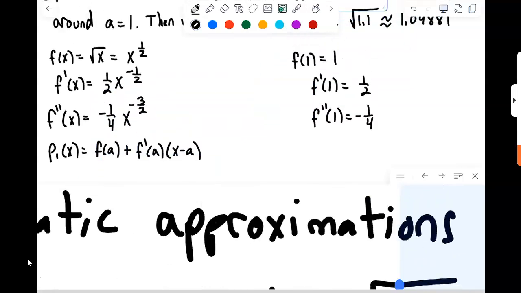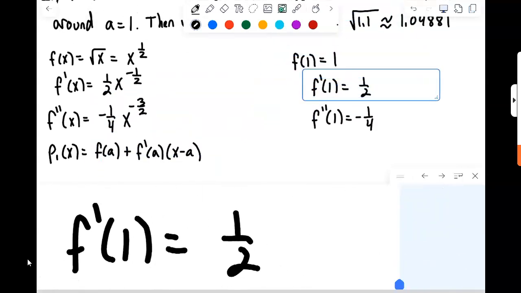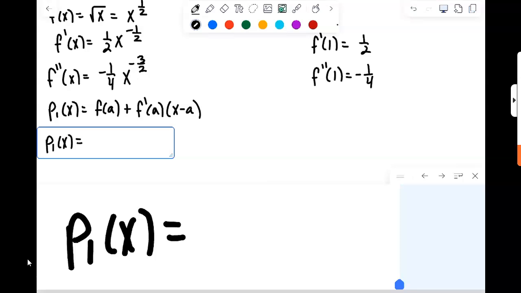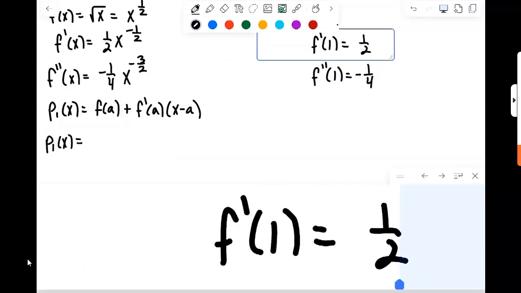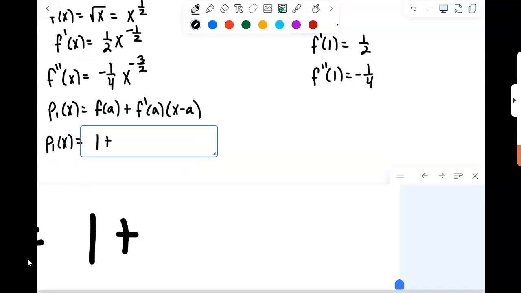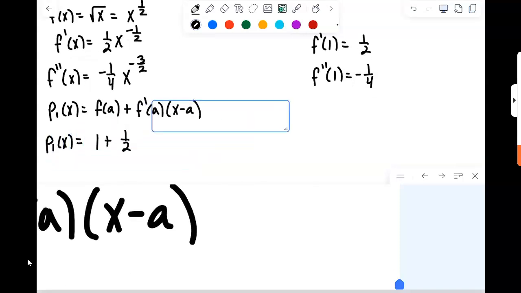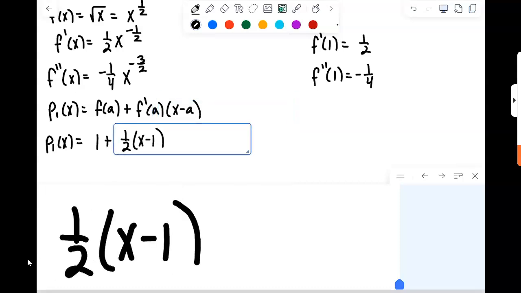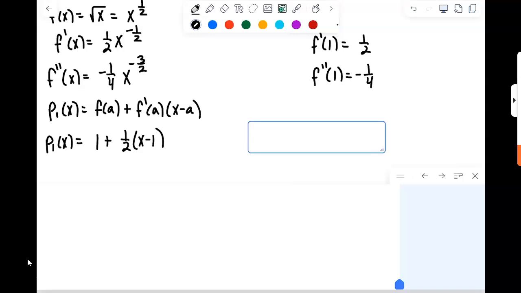So in our example, using f of 1 is 1 and f prime of 1 is 1/2, we would get that our first degree approximation would be 1, f of 1, plus 1/2 times x minus 1. Okay? So that's our linear approximation. We can just leave it like that. We don't need to clean it up any more than that.